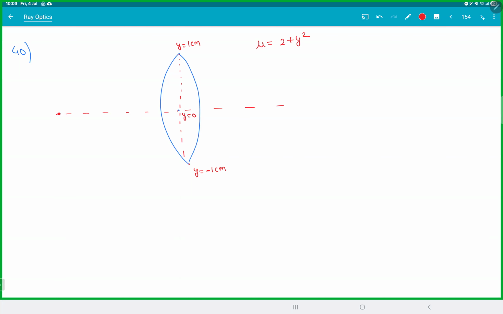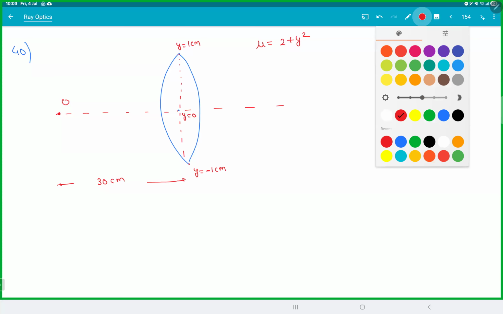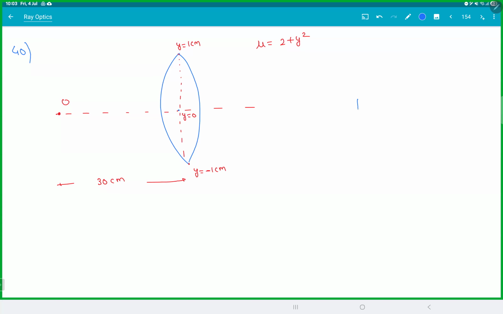Now you took an object and kept it at 30 centimeters here. Something interesting happens. Find the length of the image. I could also ask, find the position of the images. So think for a moment what's happening, and then we will see.